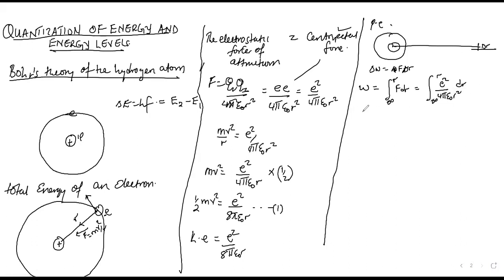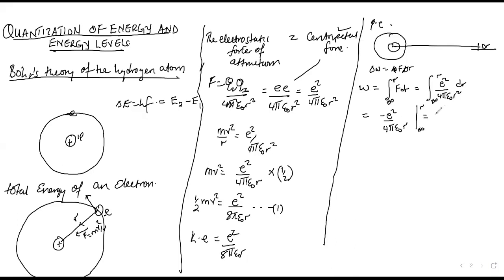Now, with this sense, you will see that when you integrate, we shall have a negative e squared over 4 pi epsilon r. Now, we are substituting this from infinity to r.